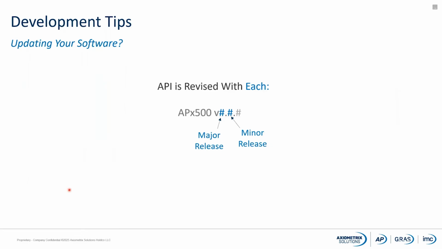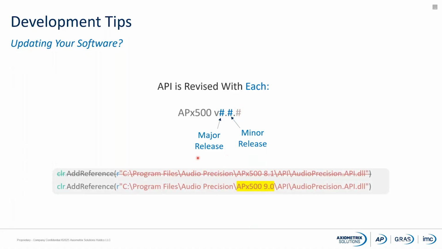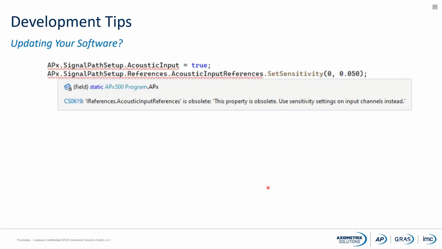If you're updating your software, say you've been using version 8 and you want to go to 9, note that the API is revised with each major and minor release of software and not with the point releases. So what you'll need to do at minimum is delete your old API reference and add the new one. If you're jumping a number of software versions, there is a chance that some APIs will have gone obsolete.